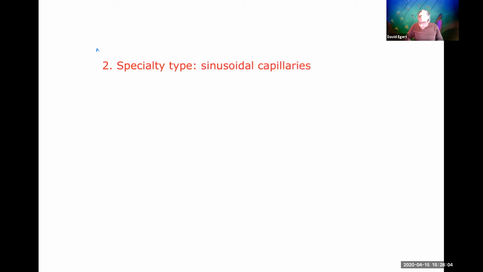These are found in the liver, in the spleen, in the bone marrow. A sinus means kind of an open space. It's not even really a capillary like you normally think about it anymore.